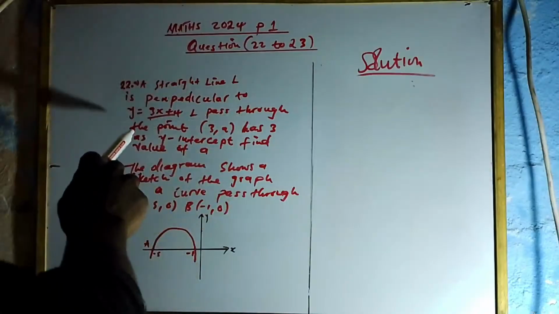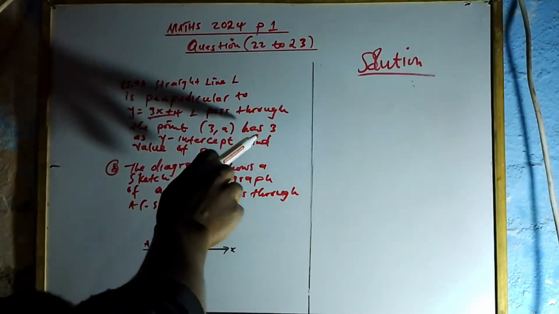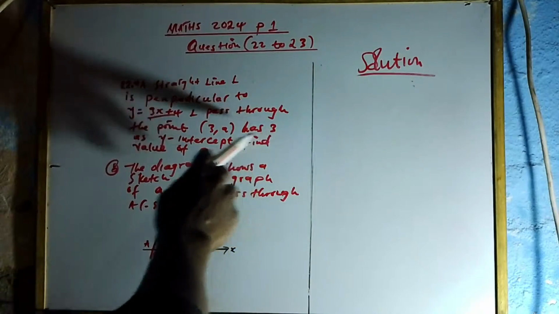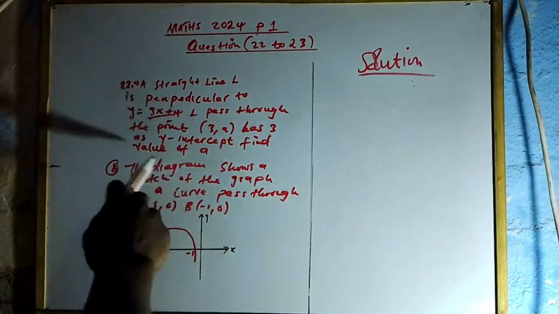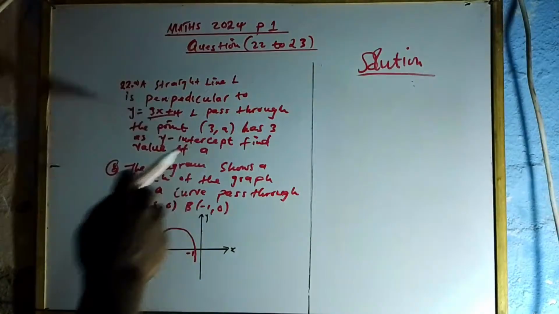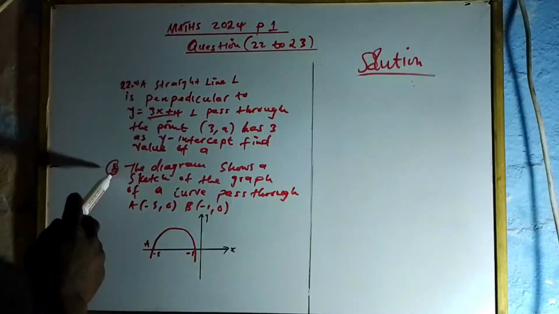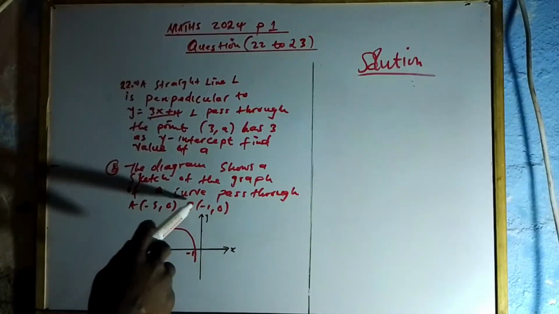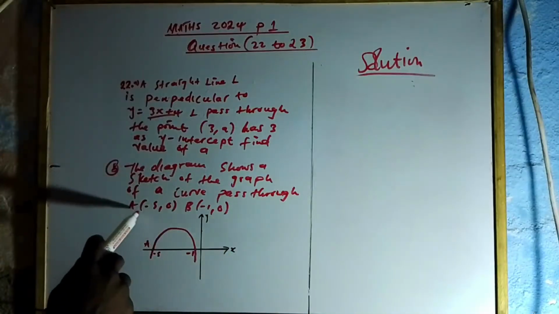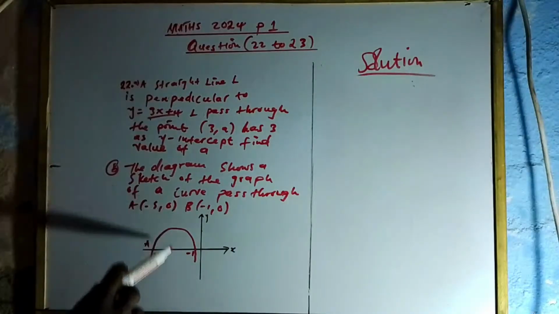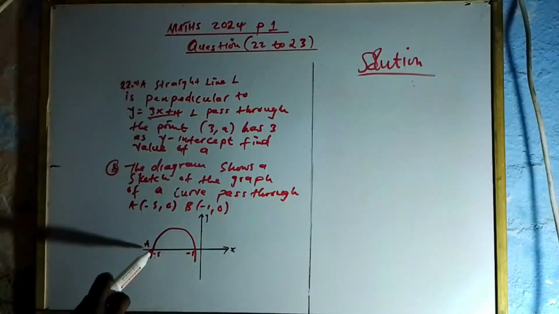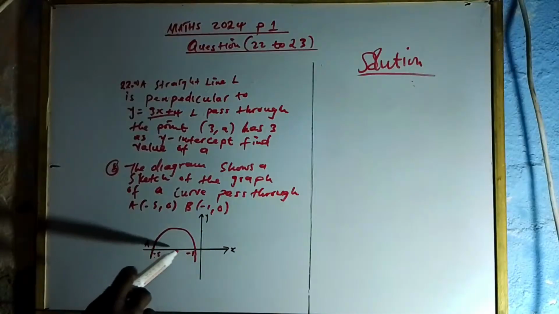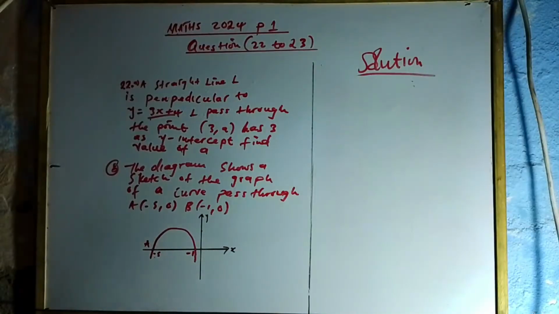L passes through the point (3, A) and has a y-intercept of 3. Find the value of A. And for 22b, the diagram shows a sketch of the graph of a curve passing through the points (-5, 0) and (-1, 0). Here y is 0, only x has got the values. So without wasting much of the time, let's get started with the solution.